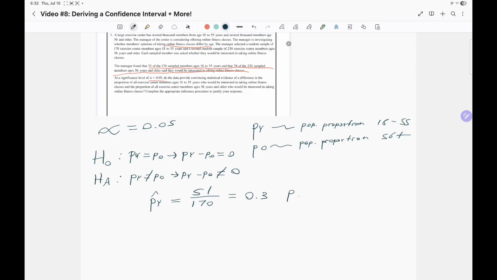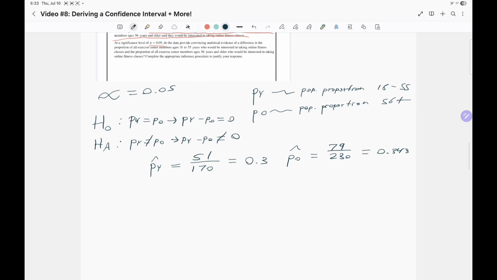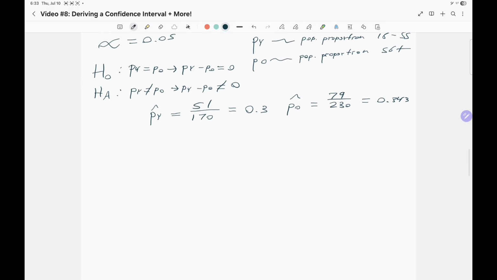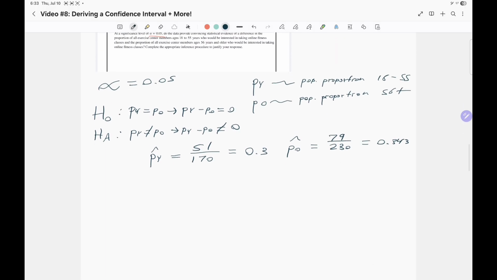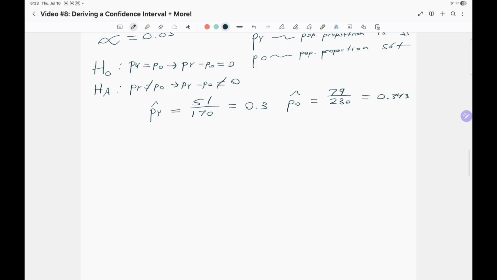For the older group, it's 79 over 230, which is 0.343. So not that much of a difference here. That might be pointing to supporting the null hypothesis. But we can't just say that yet. We can't just stop there. We have to actually find the value of our test statistic.